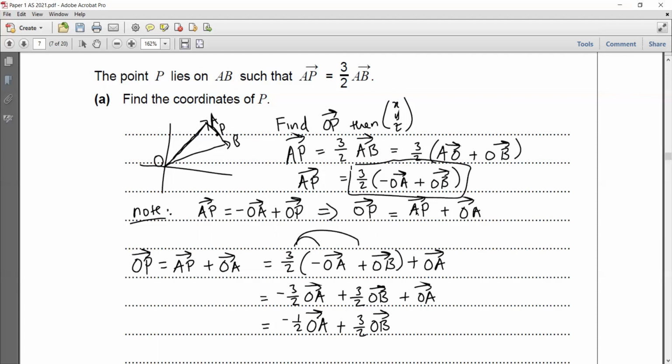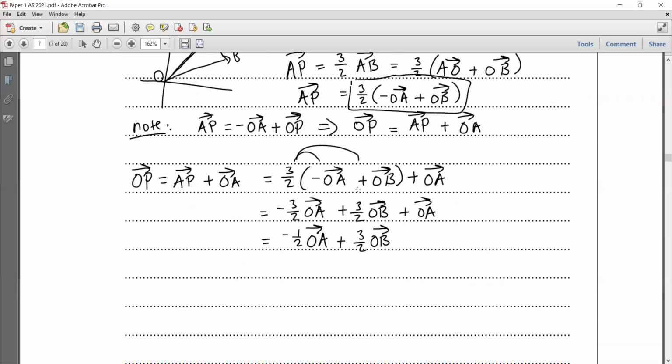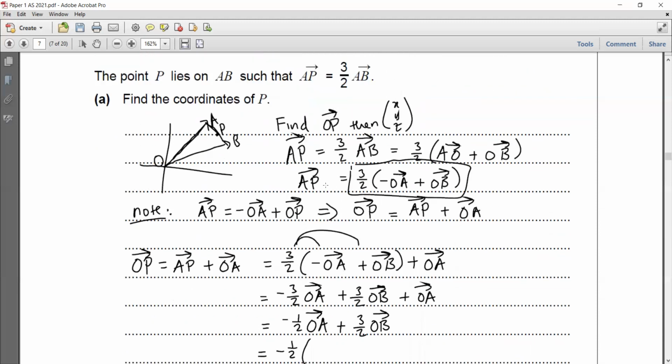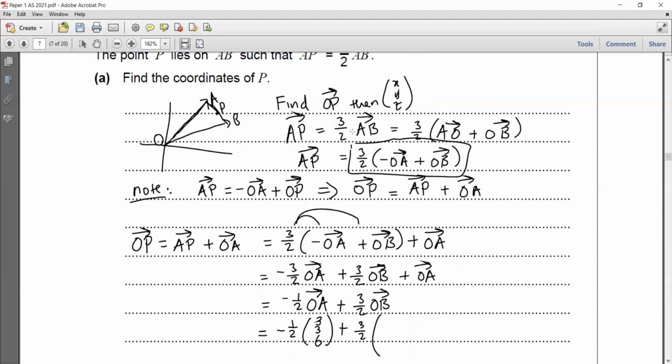Now we're ready to substitute the X, Y, and Z vectors. So this is negative a half. What is my OA? It's 3, 3, and 6. Then I have 3 over 2. What is my OB? It is 1, 5, 2.